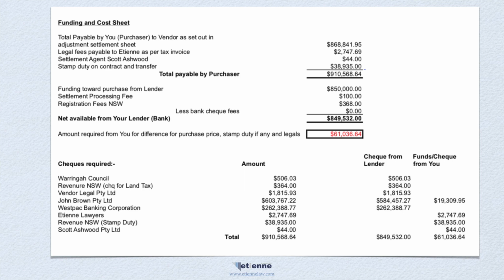What you need to ensure, and what we are there to help you ensure, is that you only pay the amount that you have to pay, being the amount of $868,841.95, including any additional money for stamp duty or legals.